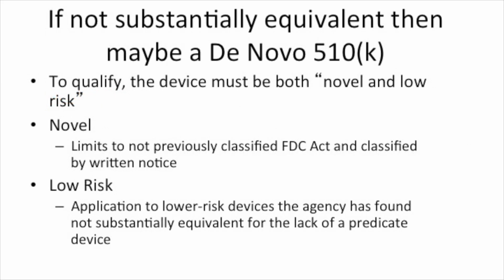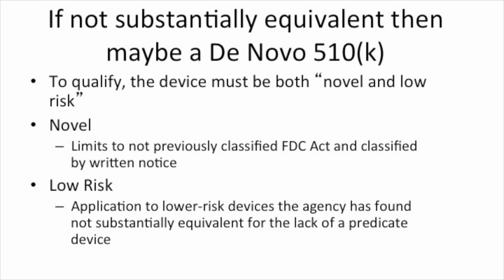And lastly, if you can't find a predicate, you might be eligible for what is called a de novo 510K, which acknowledges the device is different technologically, but is of low risk. In other words, unlikely to hurt someone. Here you are for sure going to need to do clinical research.